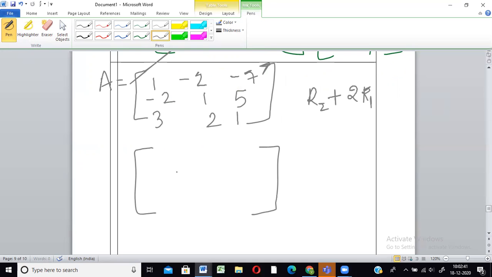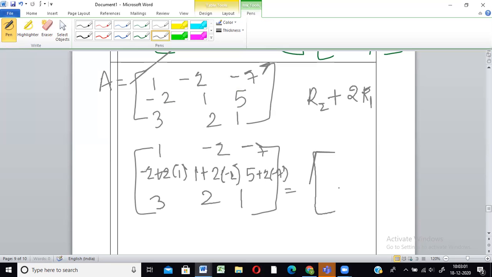So now we said R2 changes, so R2 plus 2 times R1. R1 and R3 are as they are, there is no change. 3, 2, 1. 1, minus 2, minus 7.